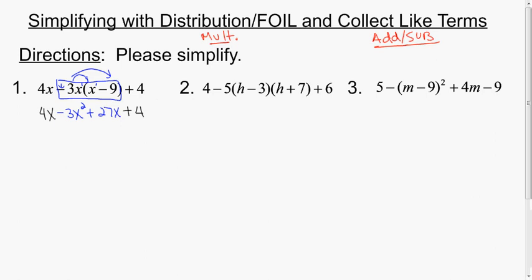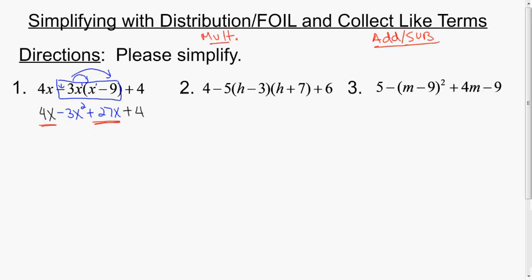And then I'm going to collect like terms. I see that I have 4x and 27x. They can be collected. I cannot collect them, however, with the negative 3x squared. Like terms also implies that the exponents must be identical in the terms, and x squared is not the same exponent as x.